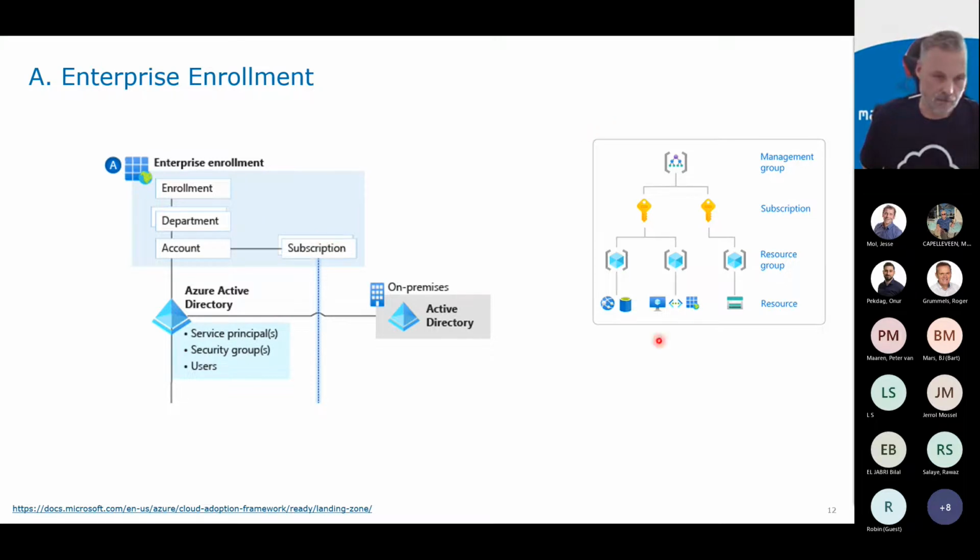If you look at how this is organized in Azure, you will see management groups at the top. The subscriptions are part of a management group. The resource groups are part of subscriptions, and the resources are always deployed in a resource group, with a few exceptions. Those are the global resources like DNS or Active Directory. But most of the resources, like SQL databases or a web app, go into a resource group.